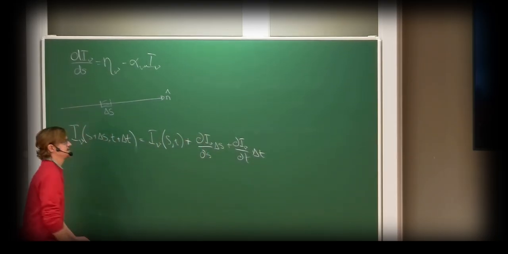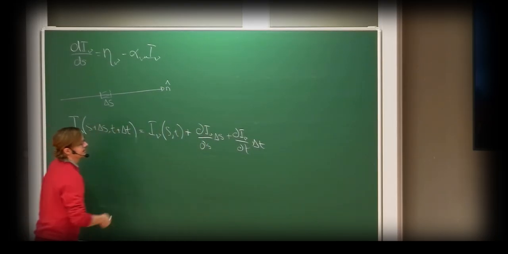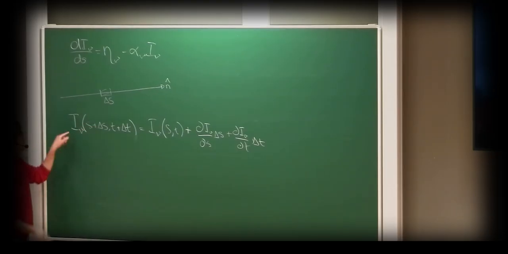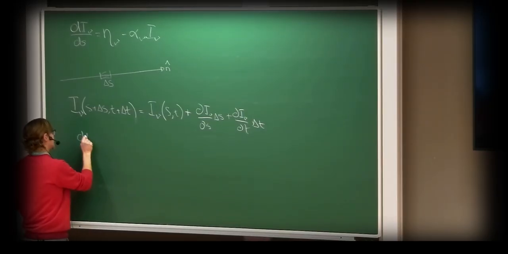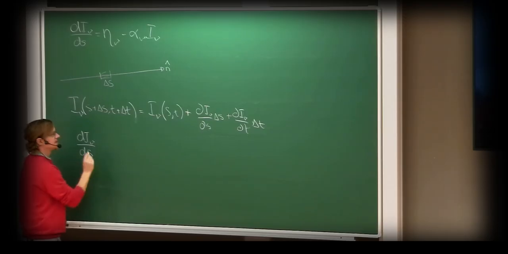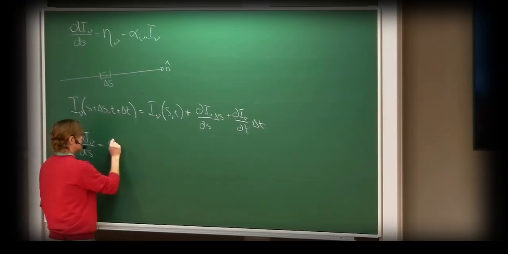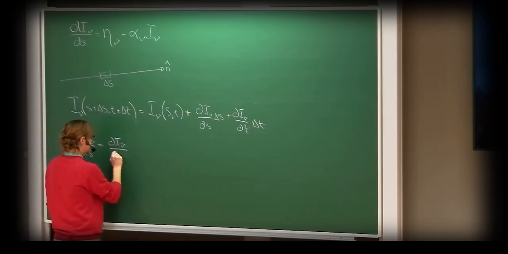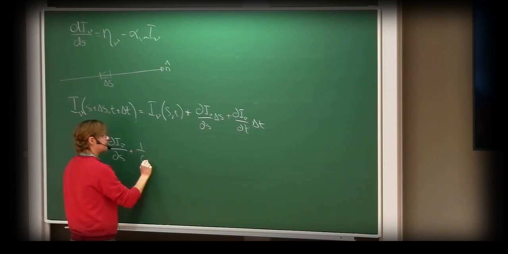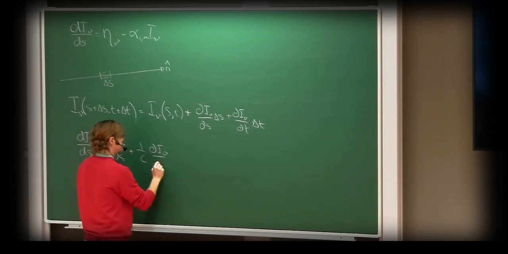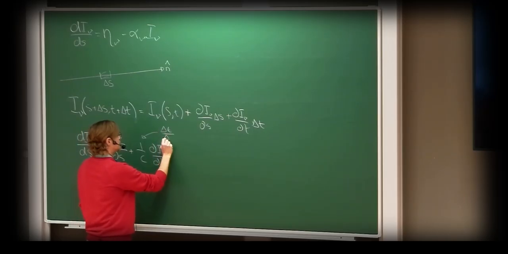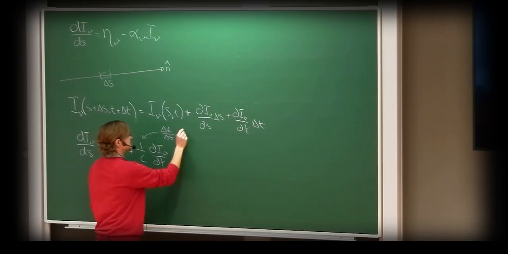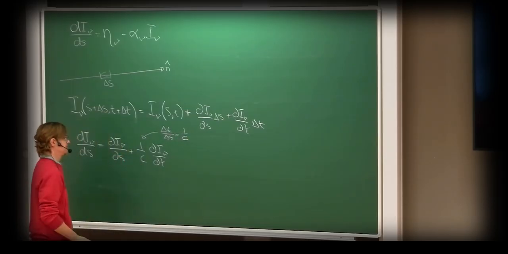But then we can rearrange, we take down the delta s, we move over this, and we see that we had essentially how we defined the transport equation before, so that we can write it in this form, which is ∂I_ν/∂s plus 1 over c times ∂I_ν/∂t, where of course we used here that delta t over delta s is just 1 over c, the speed of light c.